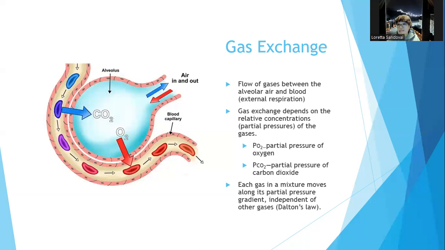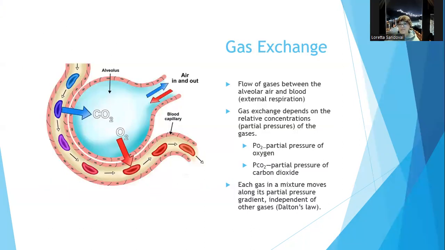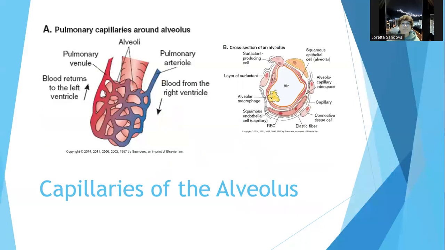It's minding its own business. Oxygen is staying in its lane. Carbon dioxide is staying in its lane. They're going to move depending on their partial pressure gradient. They don't care what the other gases are doing. Okay, hopefully that makes sense. That can cause some different issues, but there you go.